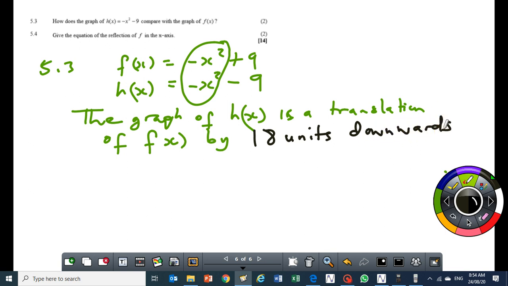Okay? So the graph of f of x is a translation of the graph of h of x by 18 units. Or you can say the graph of f of x is a translation of h of x by 18 units upwards. Are you following?